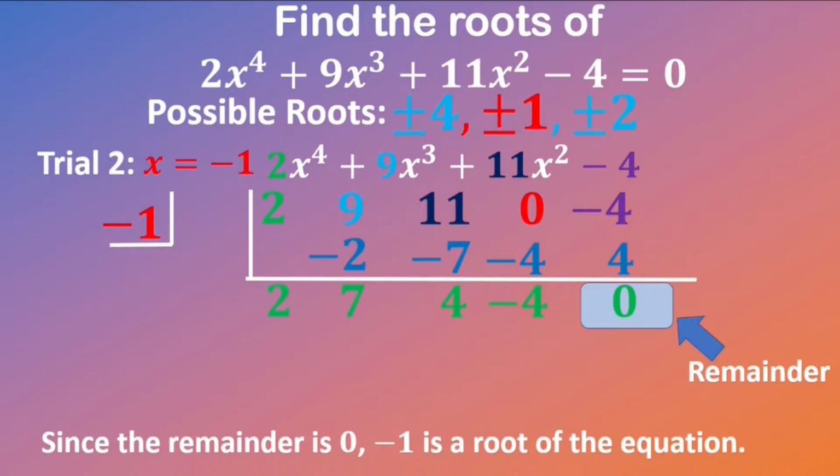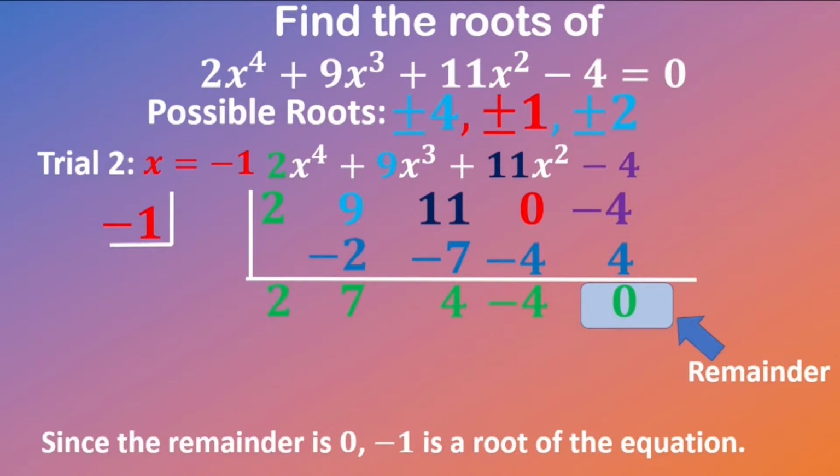Now, to proceed with finding the other roots of the given polynomial equation, we have to convert the result to get the first depressed equation. To do that easily, if we have x raised to 4 as the original highest degree exponent, just subtract 1 from it, so it will be x raised to 3.